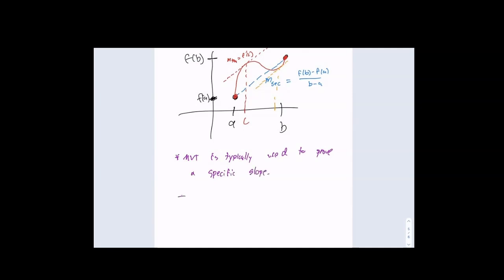We have what is known as Rolle's theorem, which is a proof of f prime of x equaling 0.